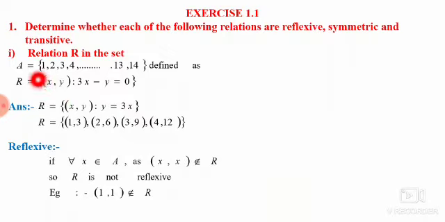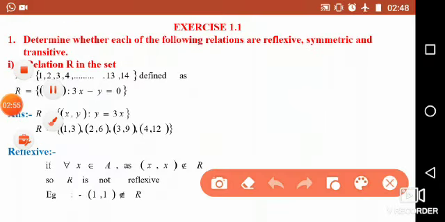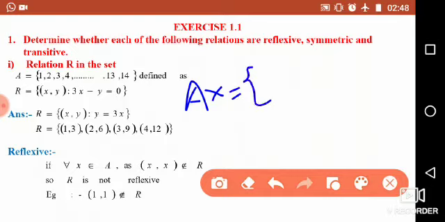Dear students, we have been given a set containing the elements 1 to 14. Before I obtain the relation R, we should first get A cross A, and the relation is always a subset of A cross A. Therefore, the set A cross A is a set containing ordered pairs like (1, 1), (1, 2), and so on up to (1, 14).